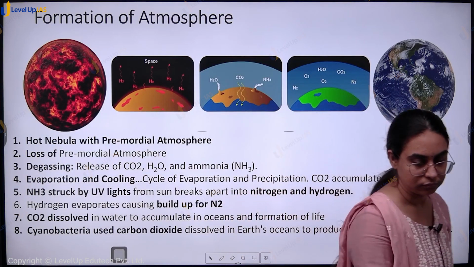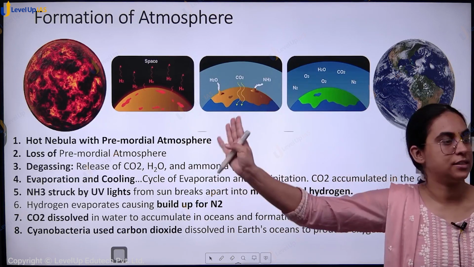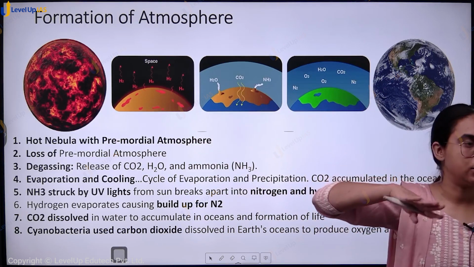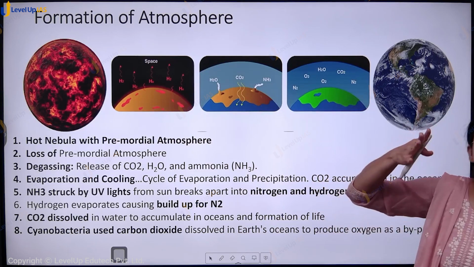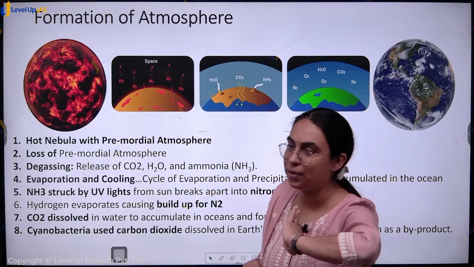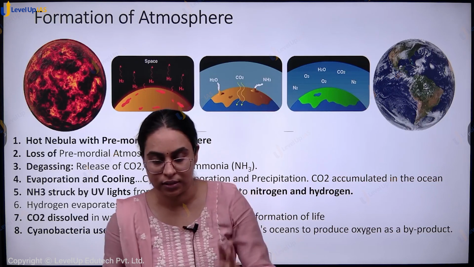Okay. Therefore, other planets have more of carbon dioxide and our planet does not have as much of carbon dioxide in its atmosphere. दूसरे planet में ज़्यादा है, हमारे यहाँ पे नहीं है. क्यों है? ये reason. ठीक है.